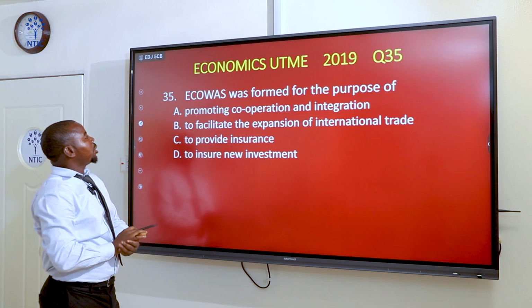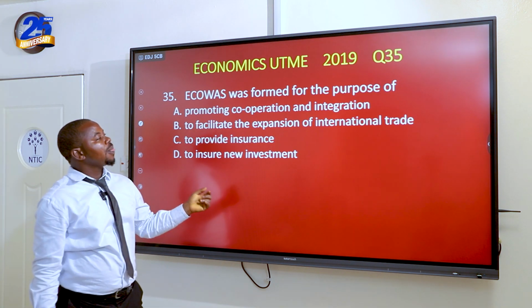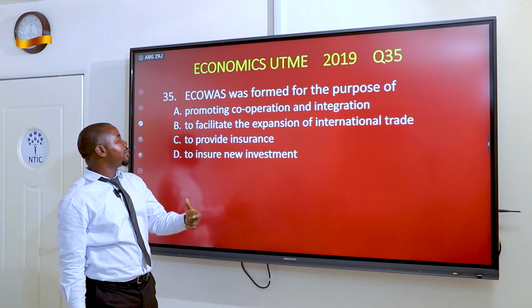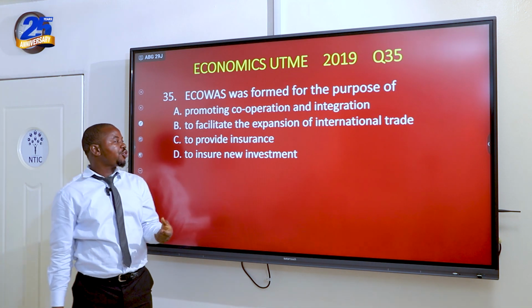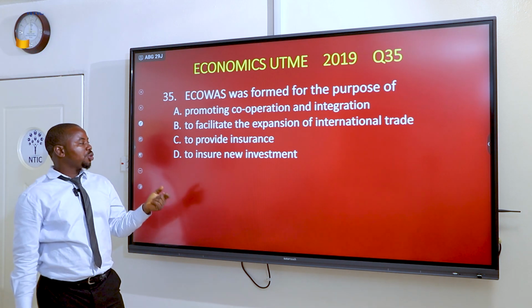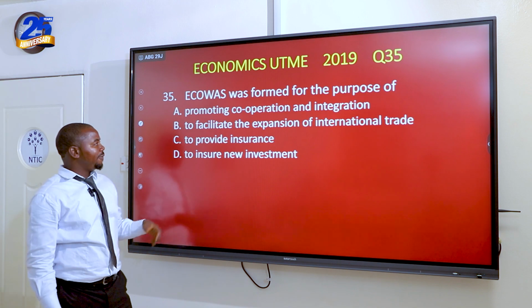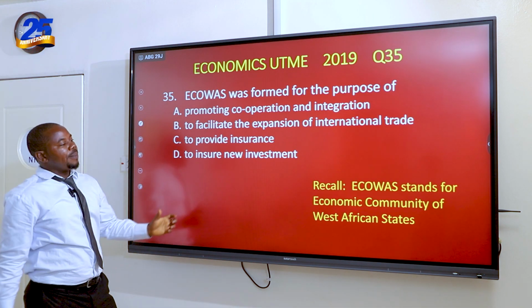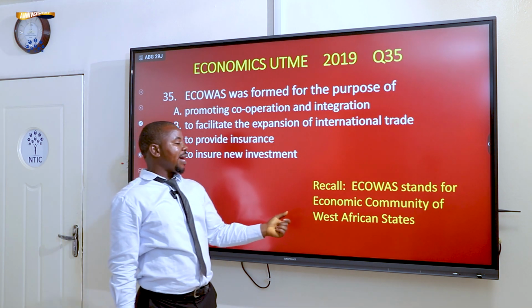So the next question, question 35. ECOWAS was formed for the purpose of A, promoting cooperation and integration; B, to facilitate the expansion of international trade; C, to provide insurance; and D, to ensure new investment. So if we can recall, ECOWAS stands for Economic Community of West African States.